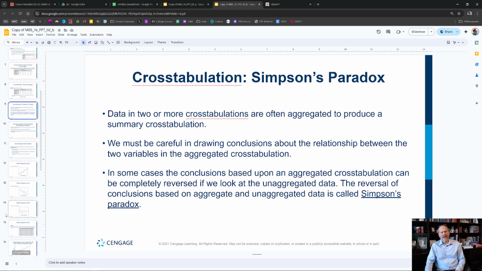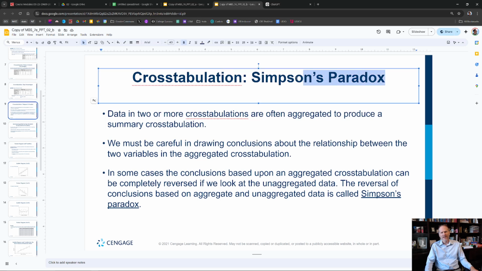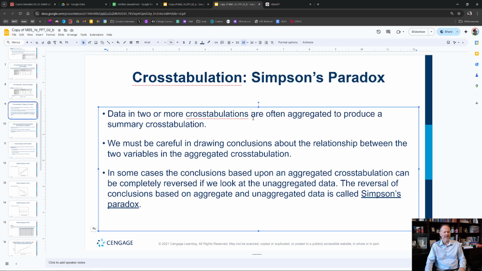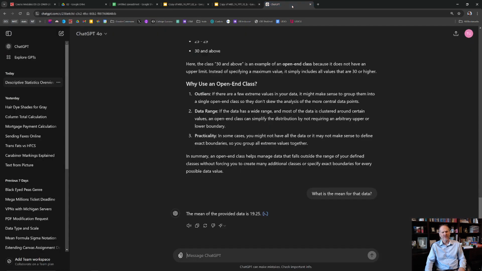There's this idea known as Simpson's paradox. This is the only amount of time we're going to spend on it, what I'm going to say about it right here. Simpson's paradox is the idea that the data alone can convey one thing, and then when you do cross-tabulation, it gives you the exact opposite meaning.